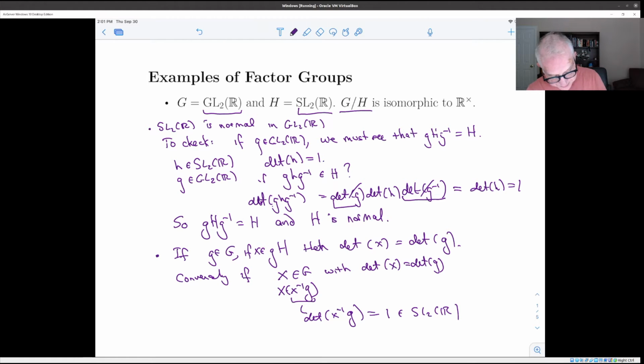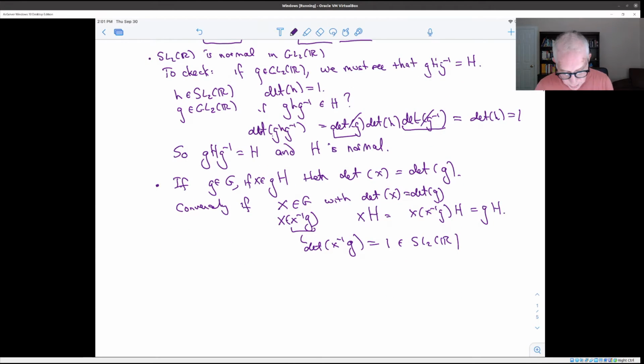So the coset xH is equal to the coset x times x inverse gH, which is equal to the coset gH. So basically, what the cosets do is they divide GL2R up according to the determinant of the matrices. So what we say, in other words, is that the two cosets aH and bH are the same if and only if their representatives have the same determinant.